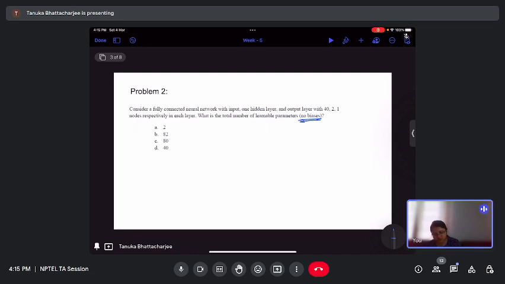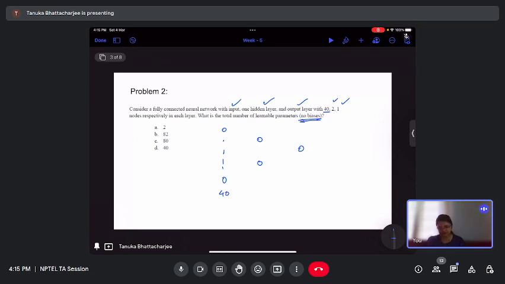So, as given, here you have one input layer, one hidden layer and one output layer. In the input layer you have 40 neurons. Then in the hidden layer you have just 2 neurons, and in the output layer you have just one neuron.